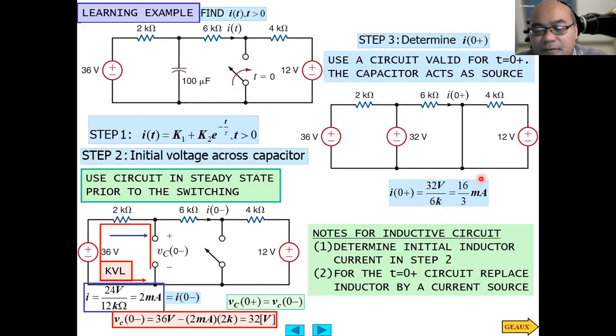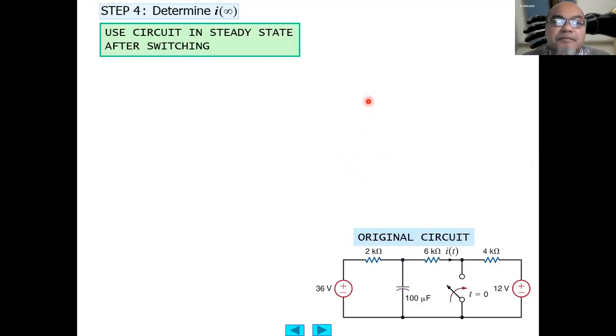It comes from here, when the switch is just turned on. The capacitance voltage is equal to the capacitance voltage just before the switch is turned on. So we obtain the current here to be 16/3 milliampere.